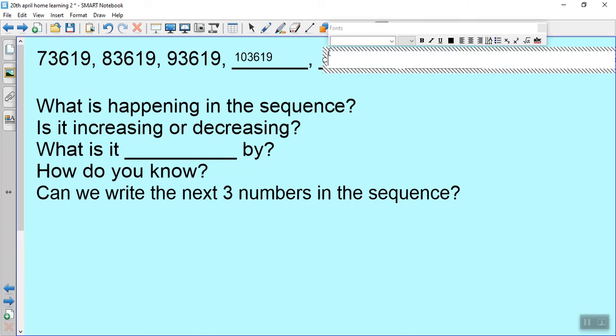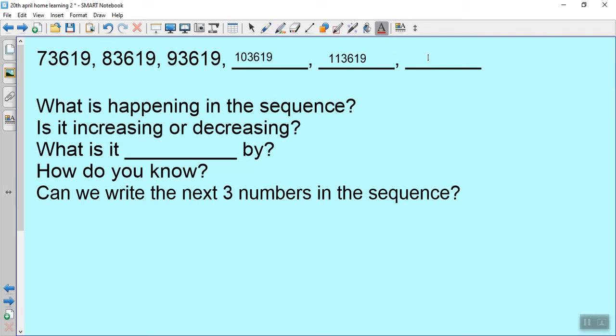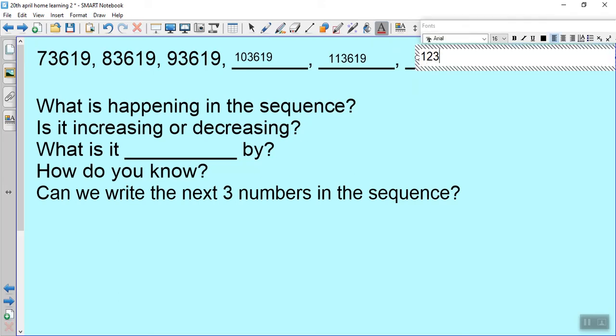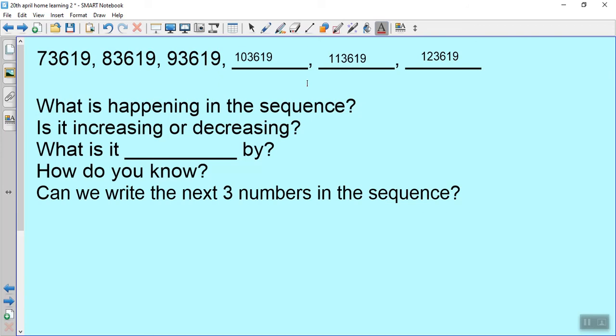I'm going to have 113,619. And then I'm going to have 123,619. So I've got 103,619, 113,619, 123,619. It's a bit tricky, that one.